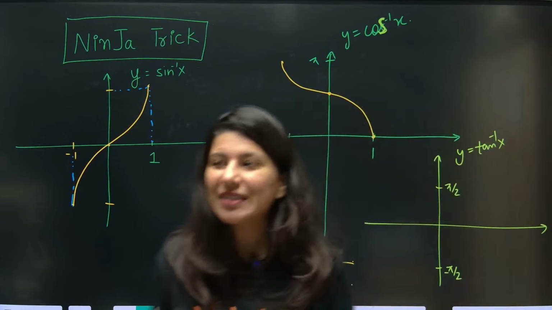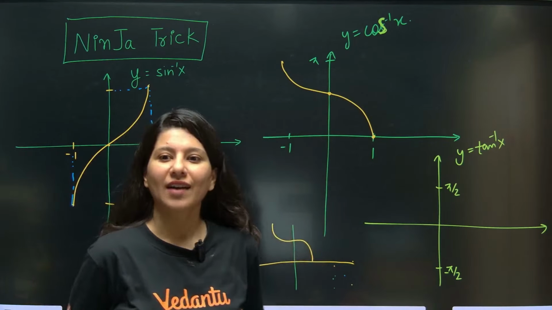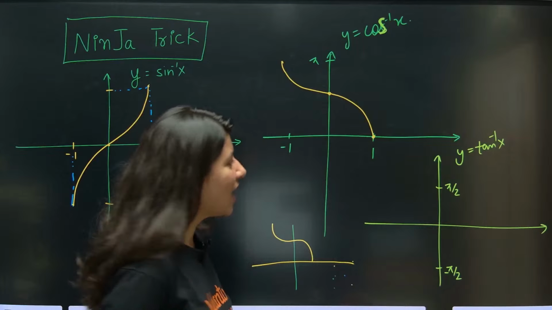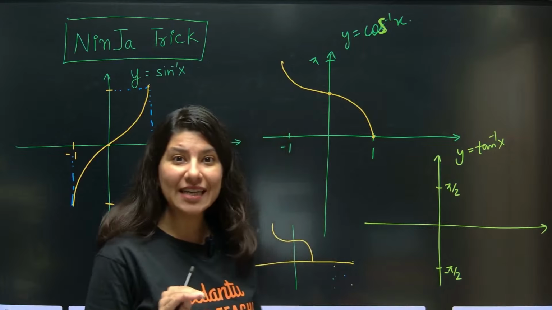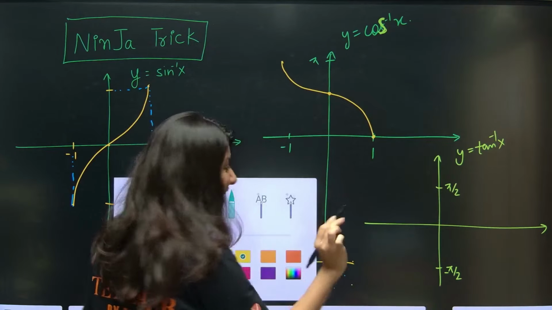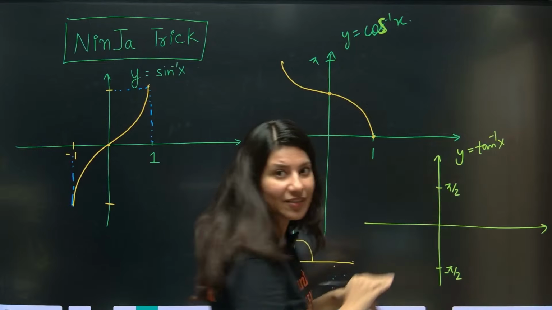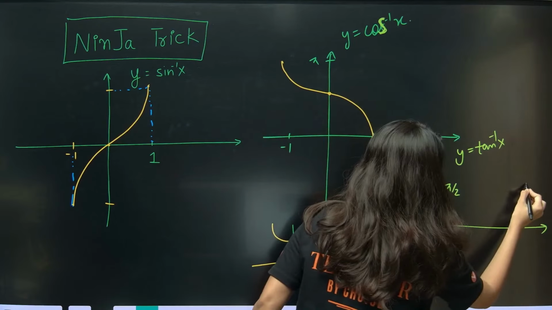Now, have you seen Nag Panchami? Recently Nag Panchami went. On Nag Panchami you have to draw a snake. This is a snake-like graph. You know that at pi by 2 you will get infinity, right? So the snake will look like this.